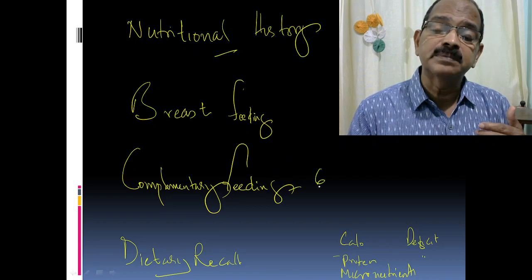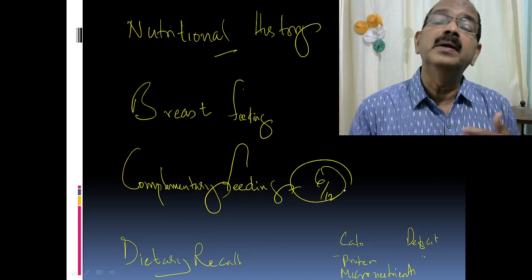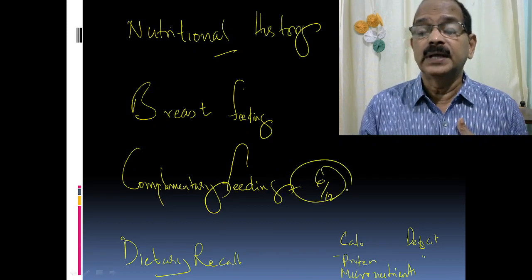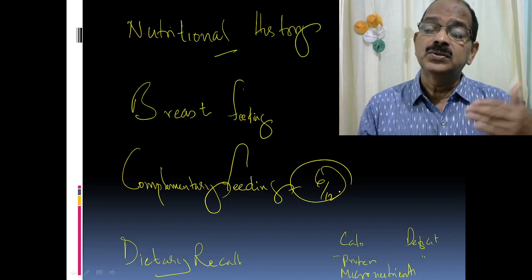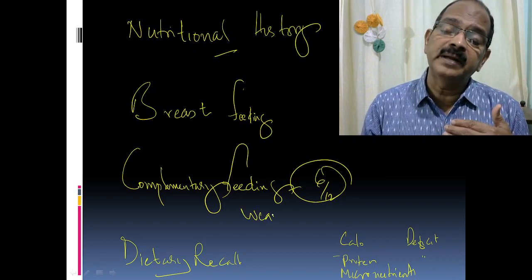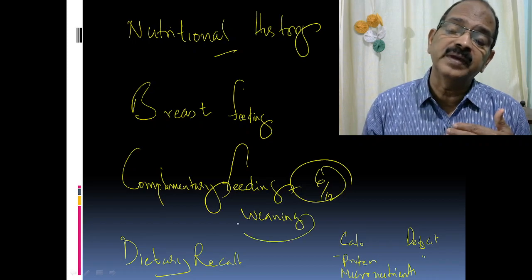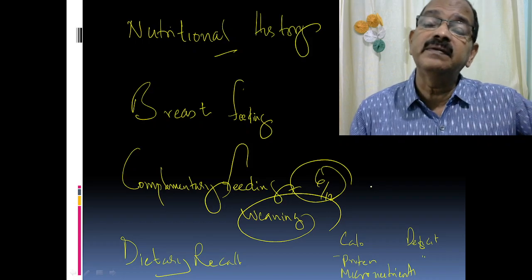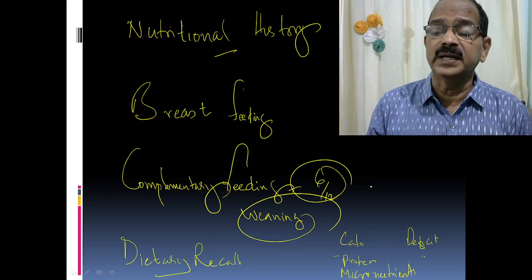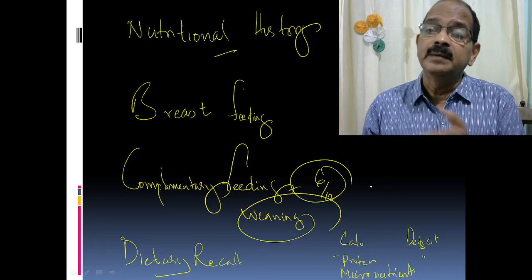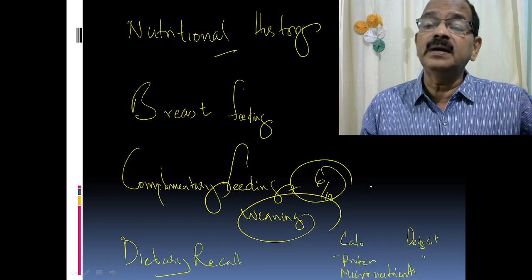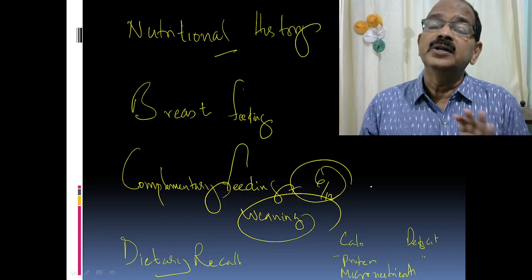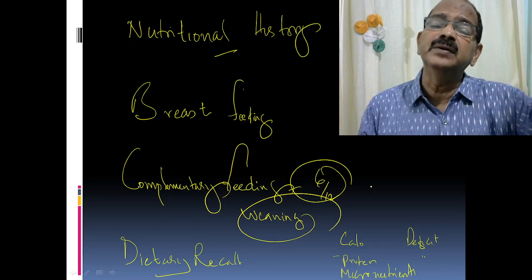And after 6 months, complementary feeding. That again is a major topic. So what is the difference between complementary feeding and what was previously called weaning? What is weaning? Taking away something is called weaning. Previously, it meant taking away breastfeeding. That's a problem. You're not taking away the breastfeeding, you're continuing the breastfeeding.